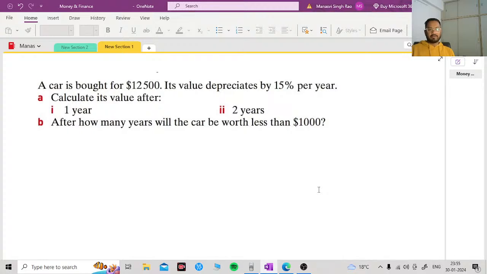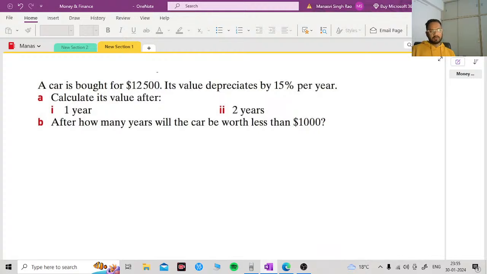Calculate the value after 1 year. Let's see. Can you do it or not? Start giving it a try. Keep trying and tell me the answer you're getting.